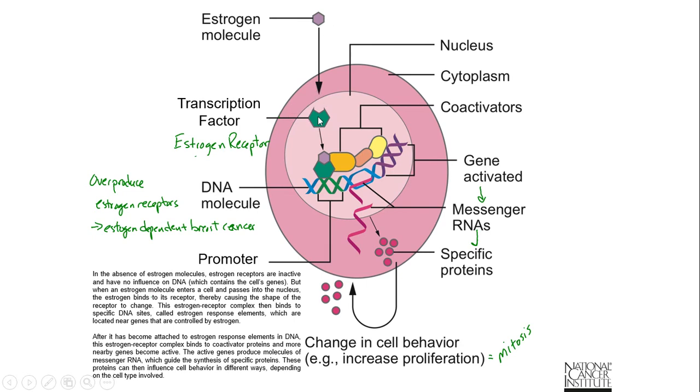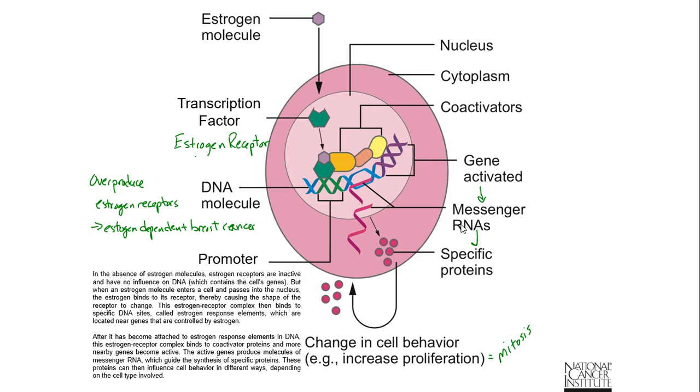So estrogen binds to this receptor, activates it, and then together, this nuclear hormone receptor with its hormone binds to the DNA at the promoter, and it's going to trigger gene activation. What this will do is trigger messenger RNA to be produced, which then produces specific proteins that affect cell behavior. In particular, one of these proteins regulates mitosis.